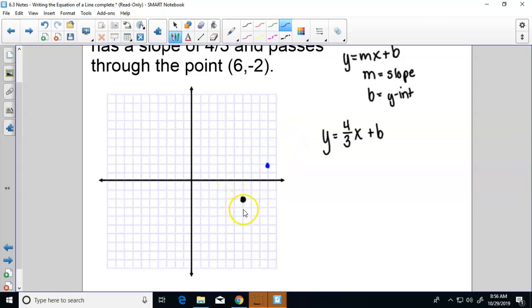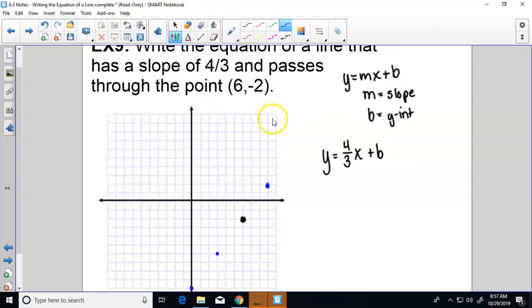So instead, I'm going to go down 4 and to the left 3, just the opposite of what it's calling for. If I keep going up 4, right 3, that does not get me to the y-intercept, and I need to know where the y-intercept is over here, so I'm going the opposite direction.